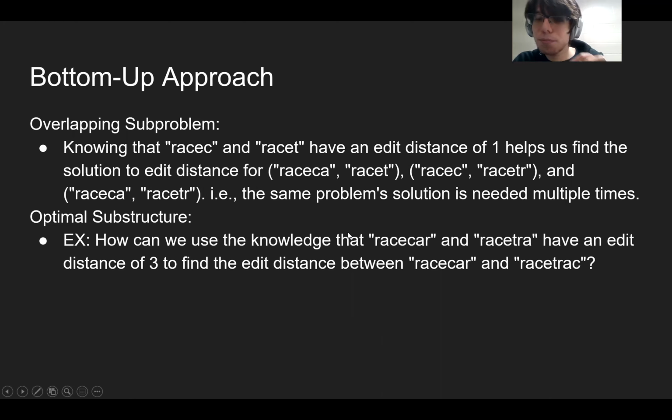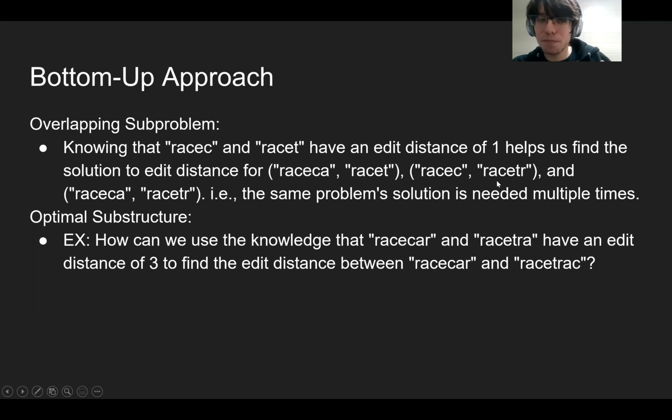And yeah, the same problem solution is needed multiple times. We notice that because now, getting to RACEC and RACETR, the edit distance of 1 helps us find the solution for these, right? So we're solving the same problem again because some of these things appear more than once.